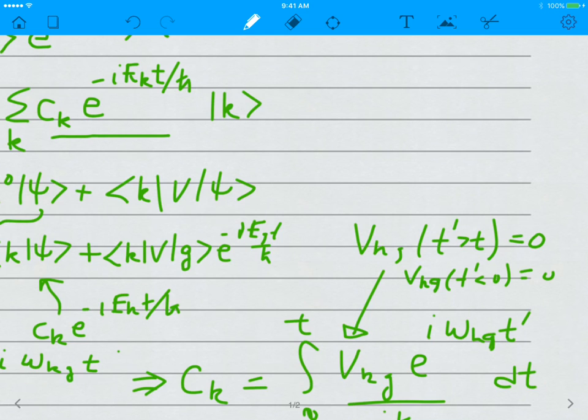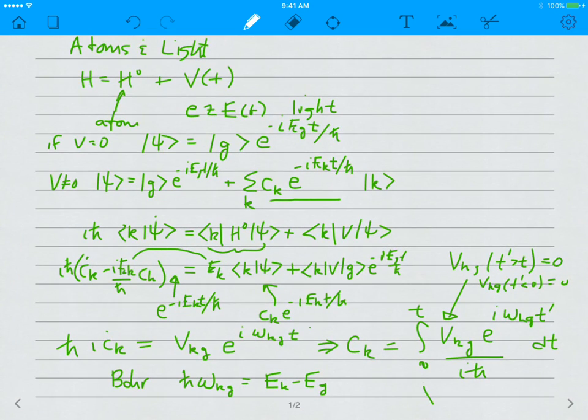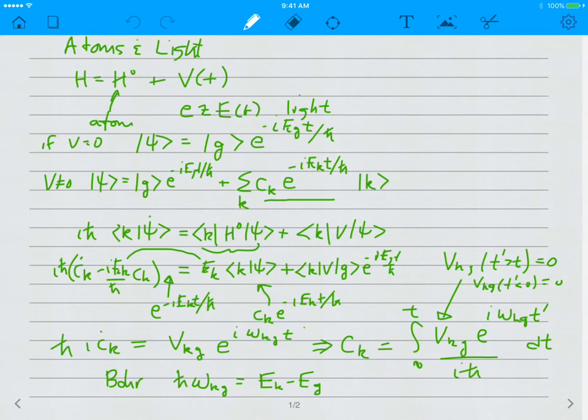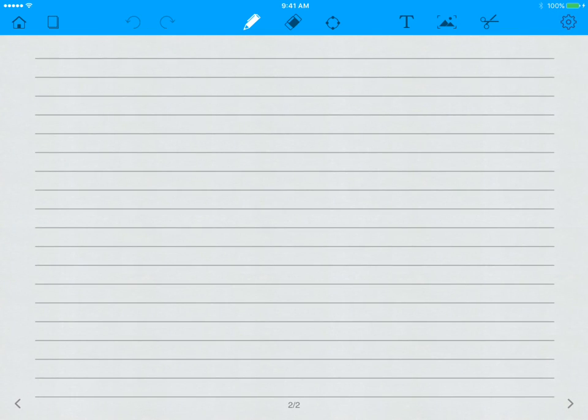And so that means that we can replace the limits on that integral from minus infinity to infinity, and we get a Fourier transform.